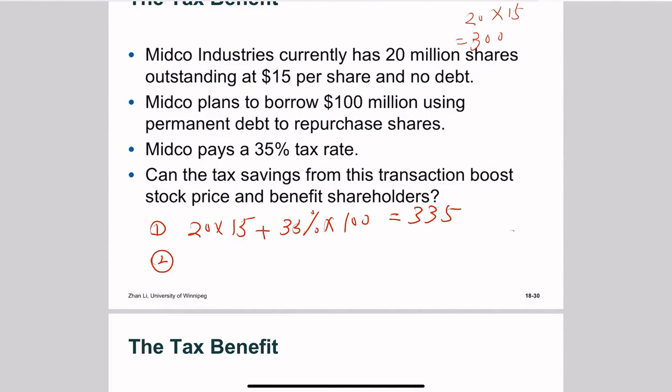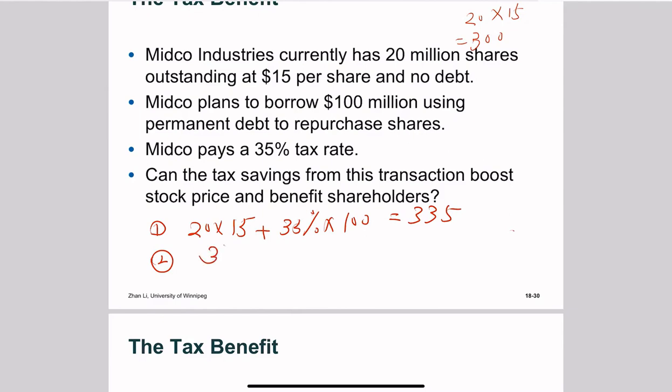So this implies that once shareholders understand the firm is trying to do this leverage recap, the share price should increase, right? So every original shareholder will benefit from this value increase.